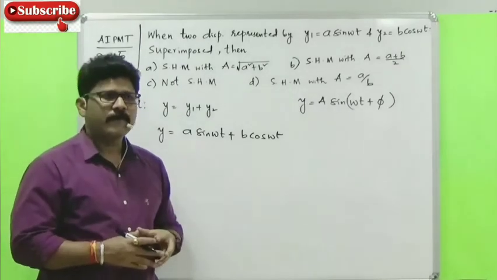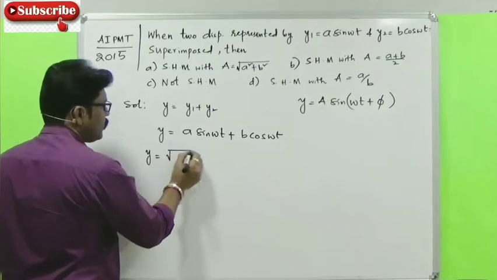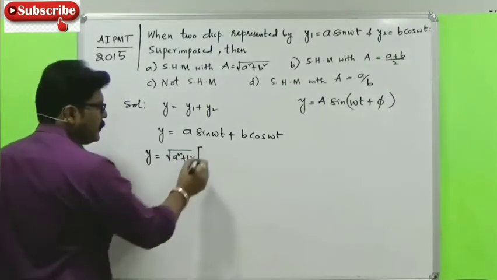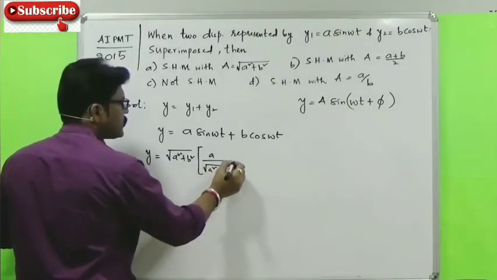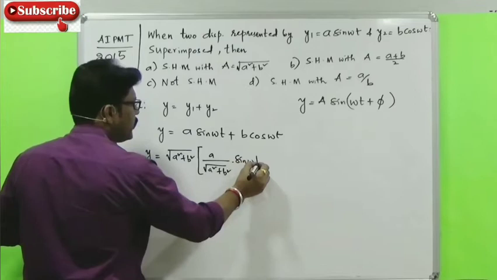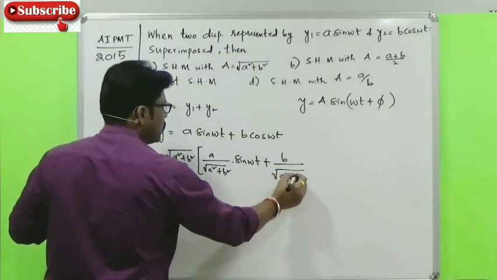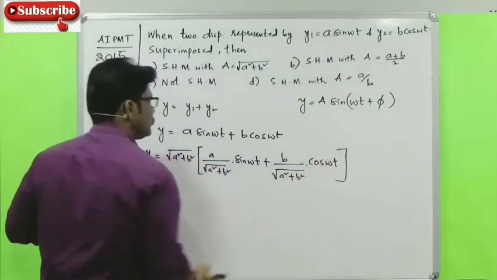So we have to bring this complete equation in this form. For that, what we will do is multiply and divide with under root of a square plus b square. Here, a by under root of (a square plus b square) into sin omega t, plus b by under root of (a square plus b square) into cos omega t.